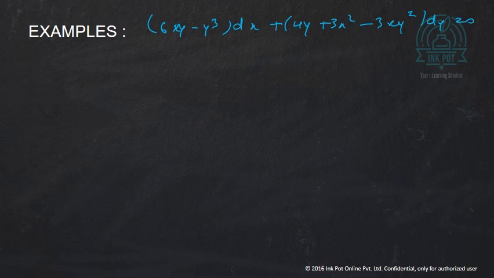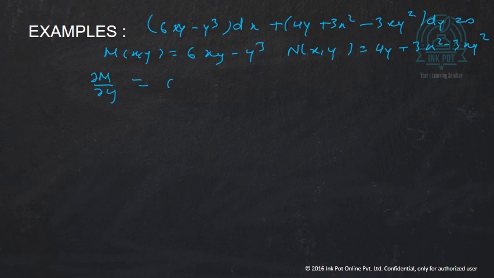Here M(x,y) is equal to 6xy minus y cubed, and N(x,y) is equal to 4y plus 3x squared minus 3xy squared. Now let us see ∂M/∂y. This is equal to 6x minus 3y squared, right? And which is equal to ∂N/∂x.